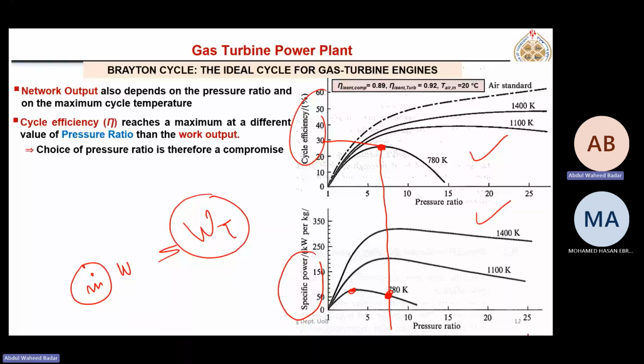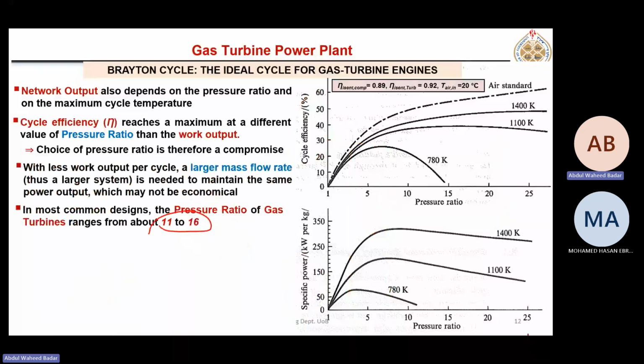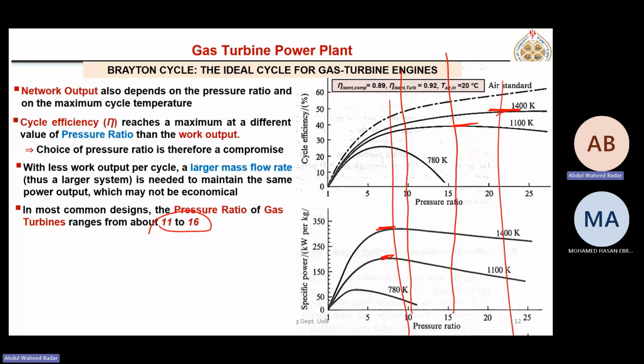So larger m dot means bigger turbine and compressor sizes. So all these calculations they have done, they have performed all those economic analyses, and they come up with the conclusion that pressure ratio is normally chosen between this range, 11 to 16. Here is maximum efficiency, but net work is maximum here. So they are choosing between these two regions, 11 to 16.